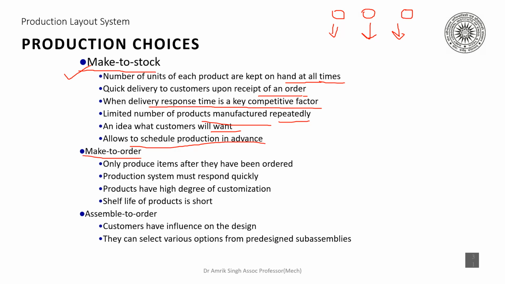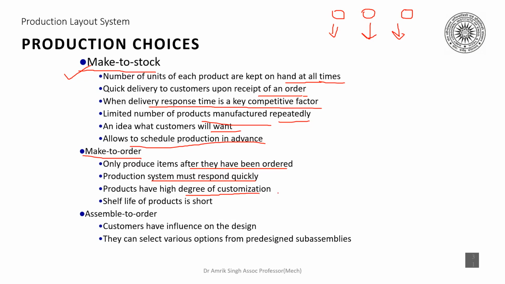Another is make to order. As the name suggests, when we receive the order, we only make at that time. So we only produce the item after it has been ordered. The production system must respond quickly. The products have a high degree of customization.